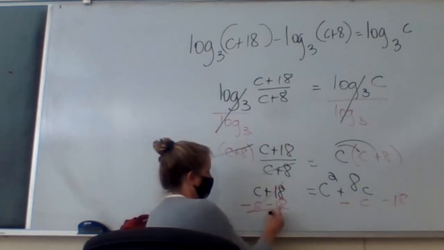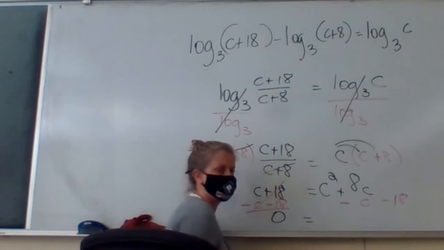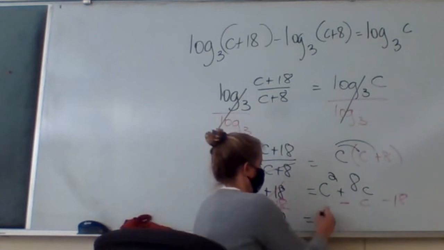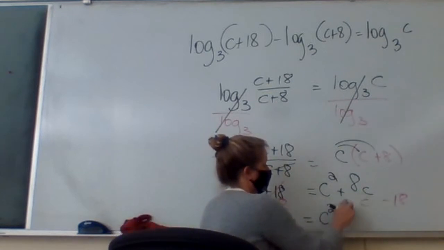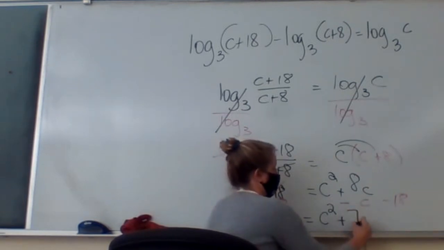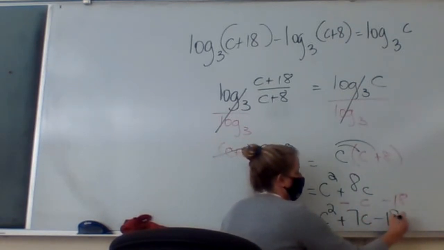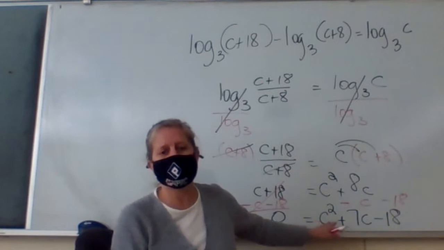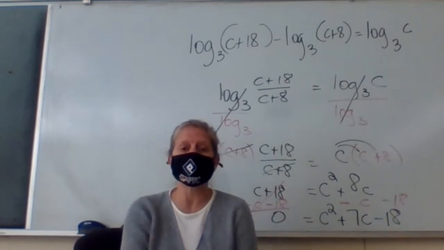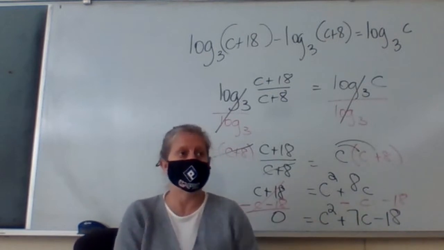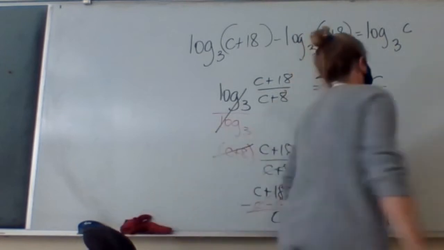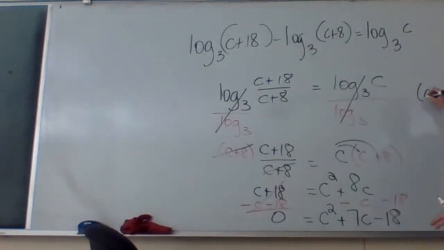So on the left, I've got 0. On the right, I've got c squared, 8c minus 1c is positive 7c, minus 18. Again, you can take that straight to your quad program if you would like, or just factor it. It is a factorable trinomial, so c and c.